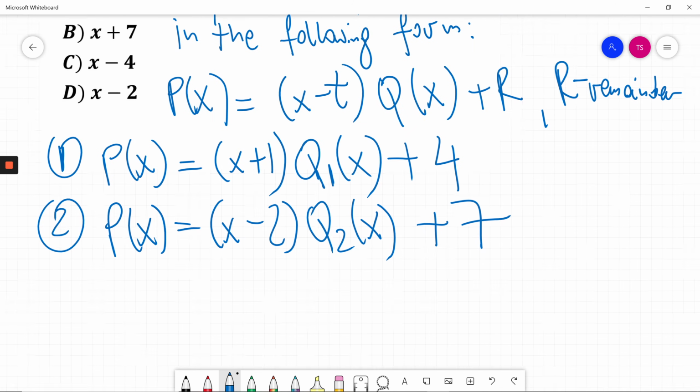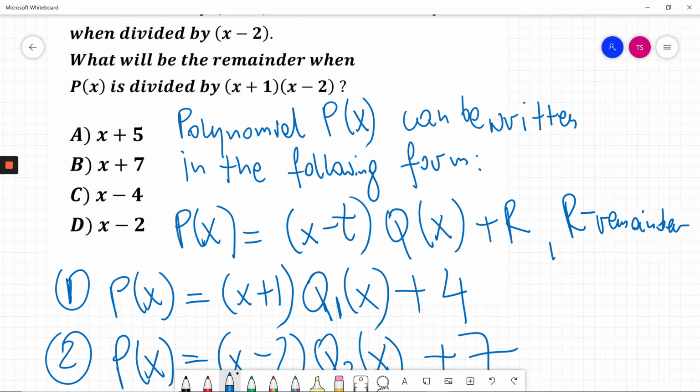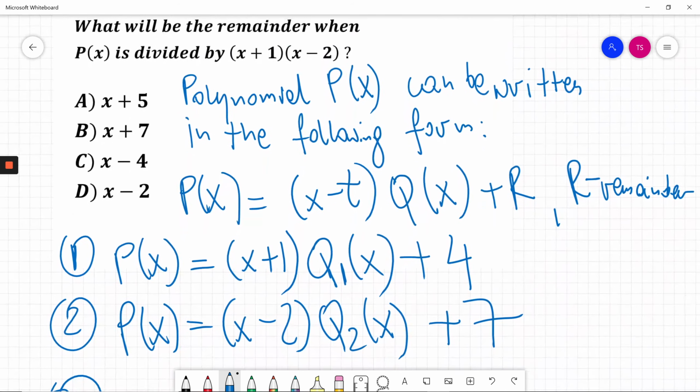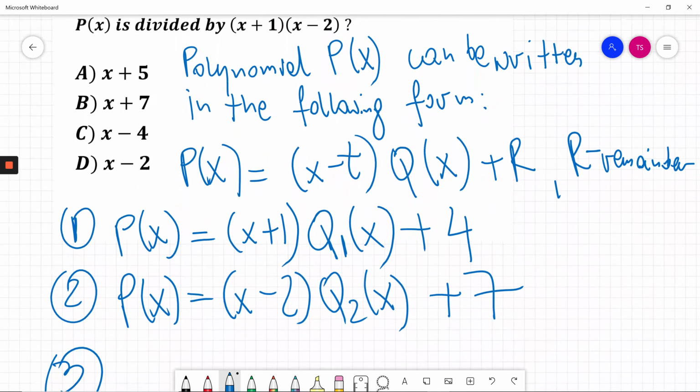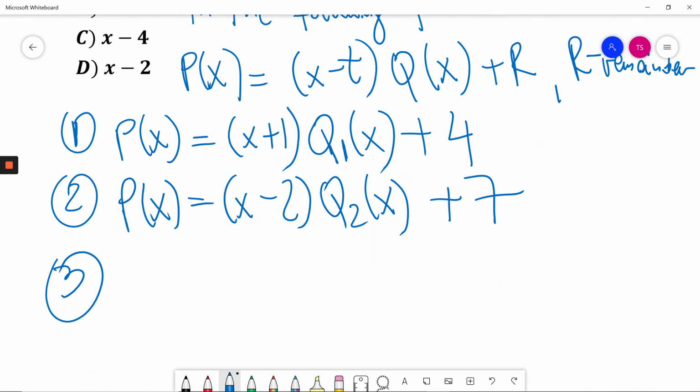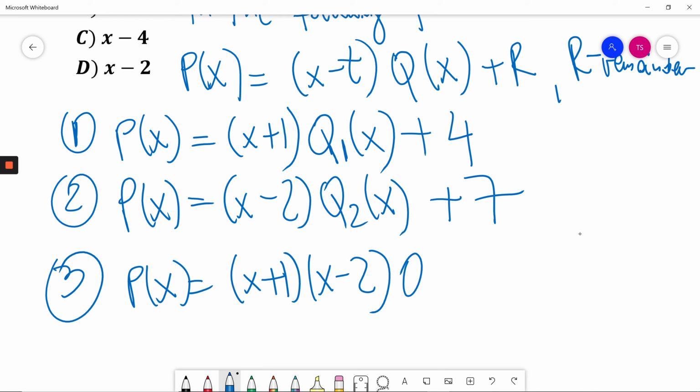What else do I know? What will be the remainder? Question is, what will be the remainder when p of x is divided by x plus 1 times x minus 2? So then p of x will be equal x plus 1, x minus 2, times another polynomial, I will call it q3 of x, plus remainder.